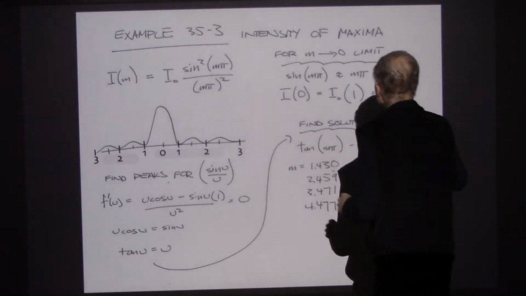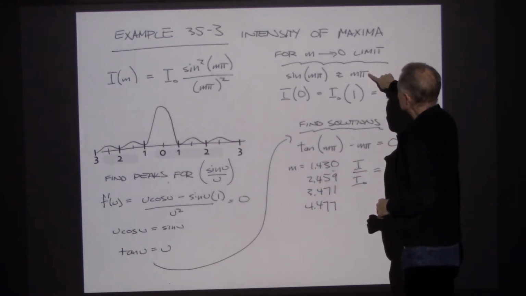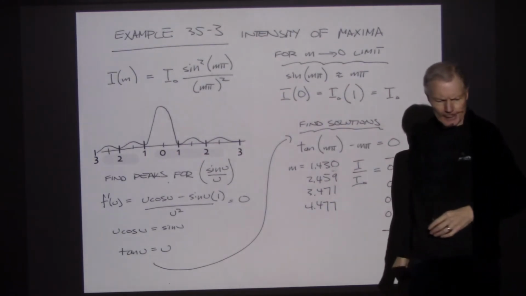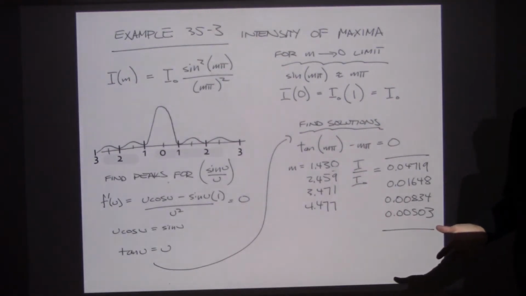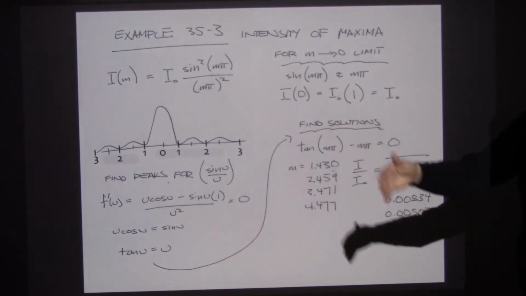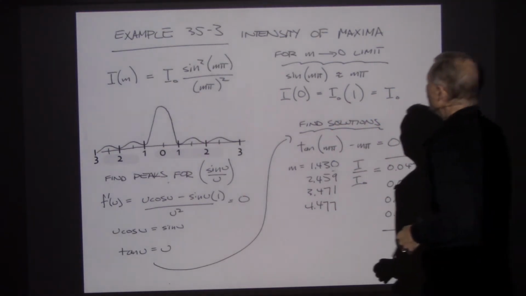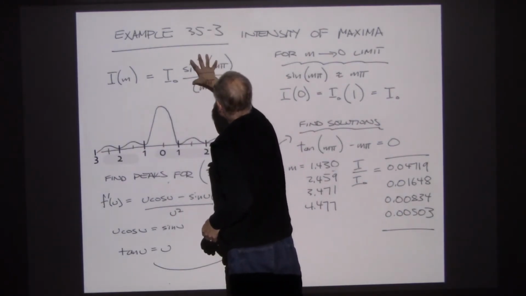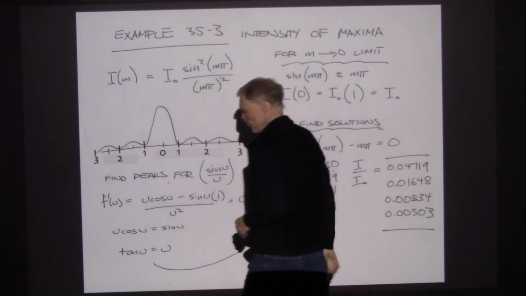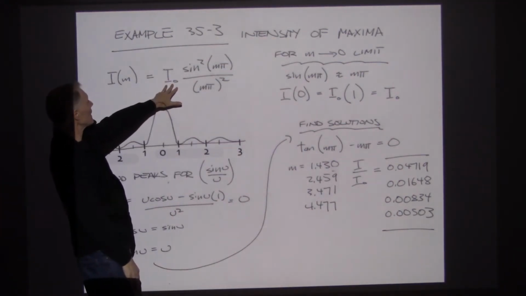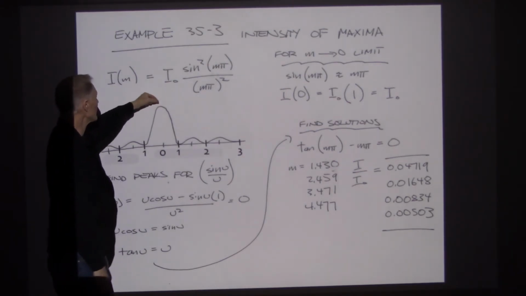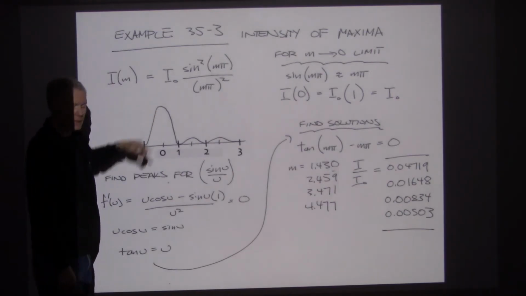I'm guessing you've seen this in your calculus classes. You may have forgotten about it. But there are these approximations. If you expand the function sine of theta, the first term in that expansion is theta. So that's telling us that this expression, as m goes to 0, becomes 1. And remember, this was a proportionality constant that we introduced. It says that the intensity at the center, we're going to designate as I naught.